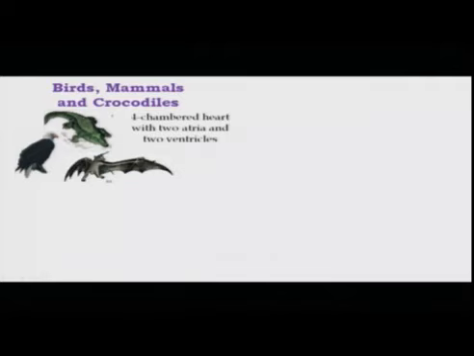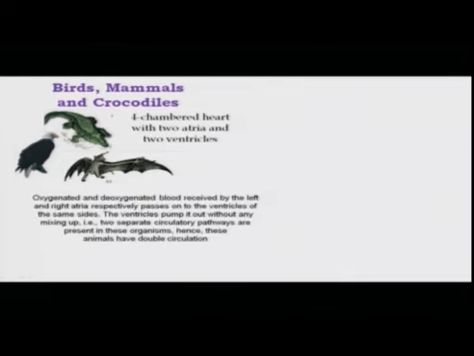So, you have 2 atria and 2 ventricles, and this is a system which is known as complete double circulation, where the oxygenated blood is completely separated out from the deoxygenated blood, and you can see that oxygenated and deoxygenated blood are received by the left and the right atria respectively, and this then passes on to the 2 ventricles on the same side. Then the ventricles pump it without any mixing up into two separate circulatory pathways. One goes into the lungs to get oxygenated and the other goes to the systemic circulation, which is oxygenated blood.